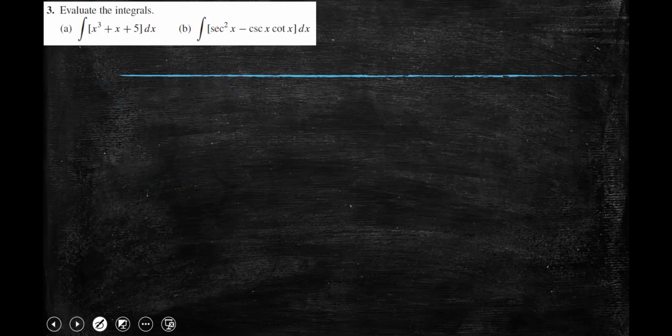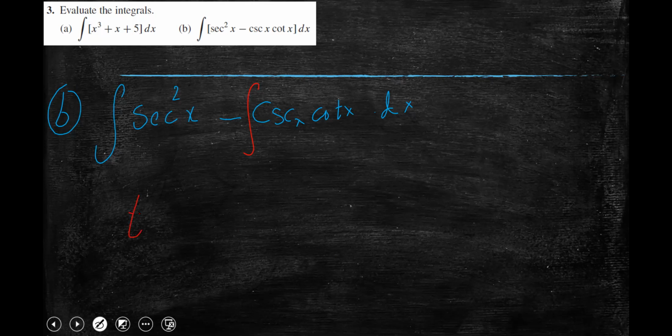In b here now, I want to find the integration of secant squared x minus cosecant x cotan x dx. Here, let's distribute the integration sign into them. Now, what is the integration of secant squared?